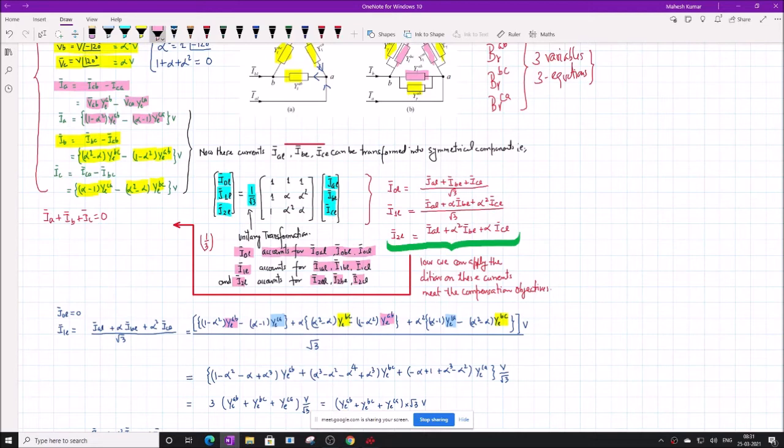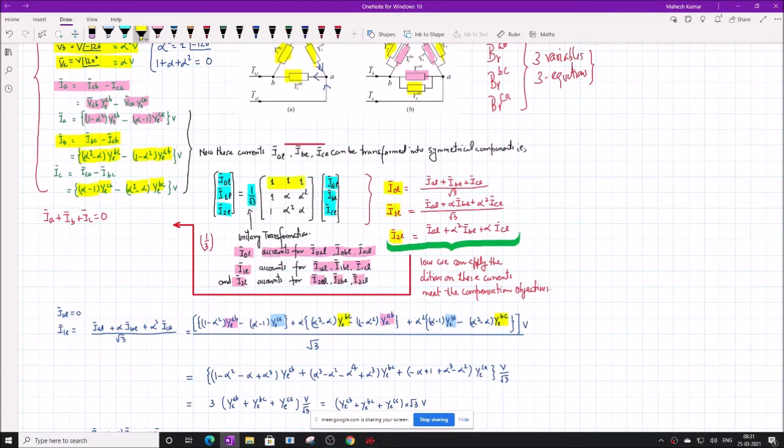Alright, so this is the symmetrical component transformation, and from this we will get the values as I0L, I1L, I2L. So the zero sequence current I0L is IAL plus IBL plus ICL, divided by root 3.